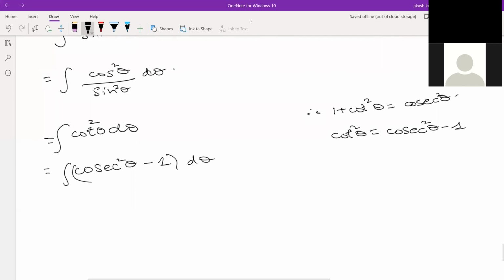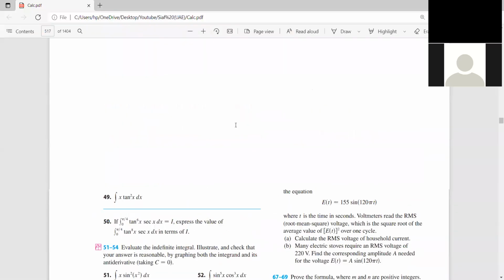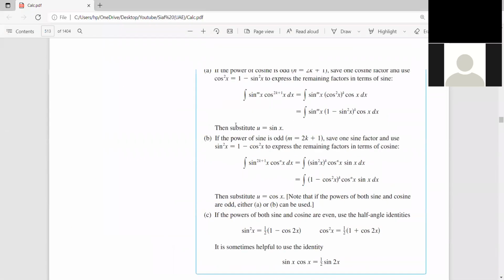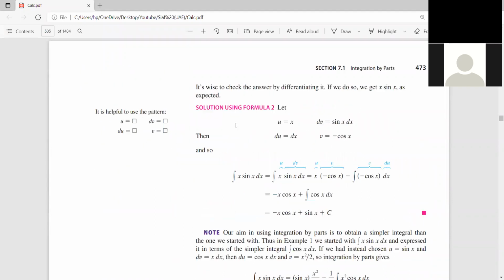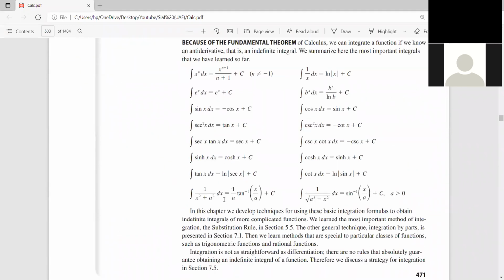And now we have to find out the integral of cosec square theta, which is minus cot theta. You know why I use the identity that cot square theta is cosec square theta minus 1?